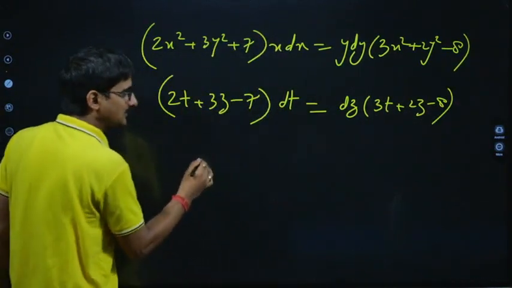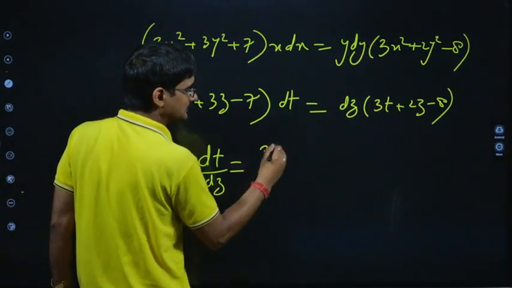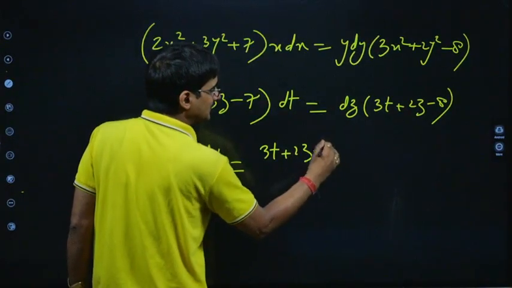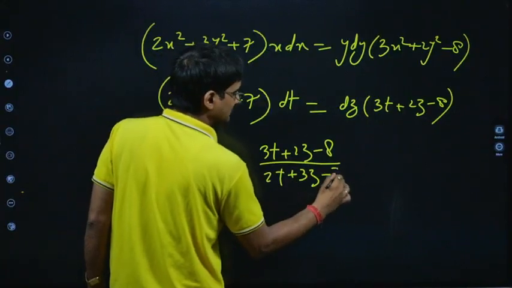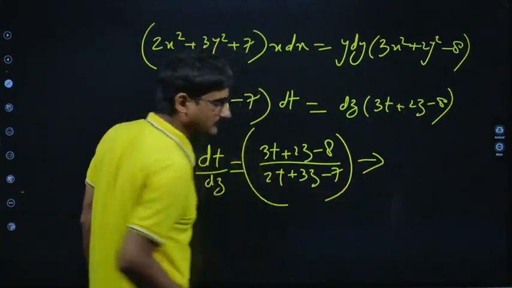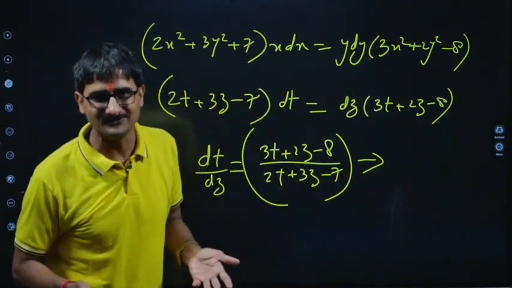So it is rather dt by dz. So now you can convert it to linear, I mean, it's a linear by linear type of thing. And then we can easily transform it to what? Homogeneous form of differential equation.